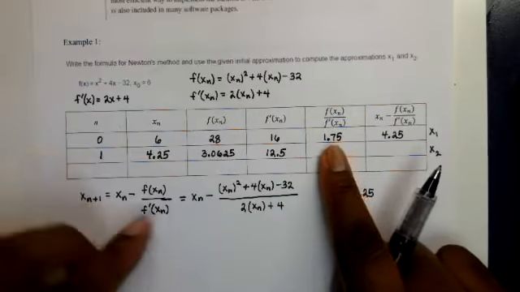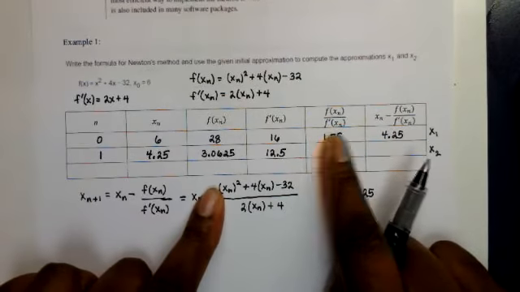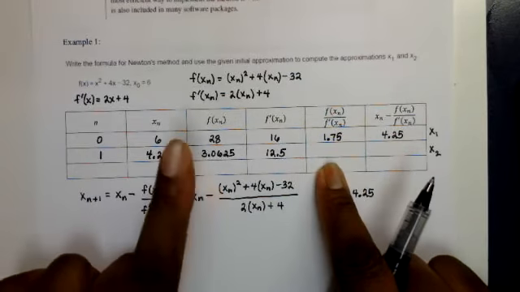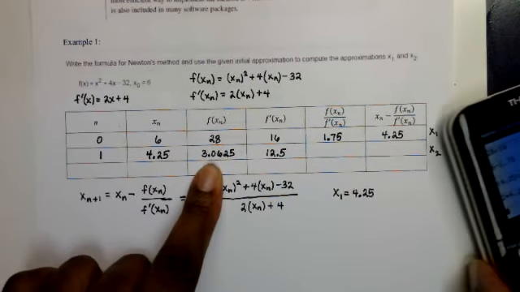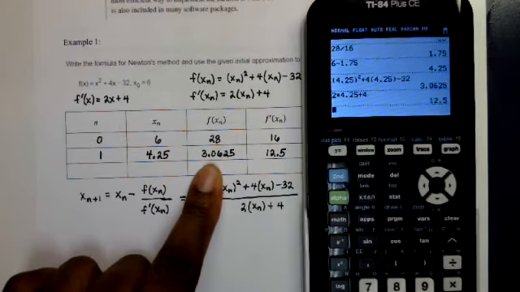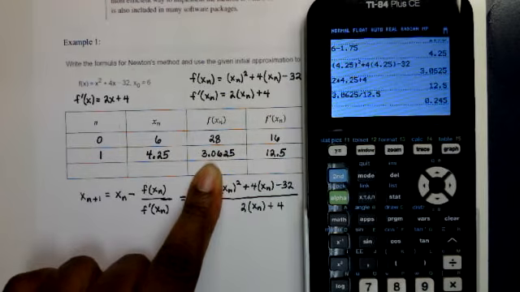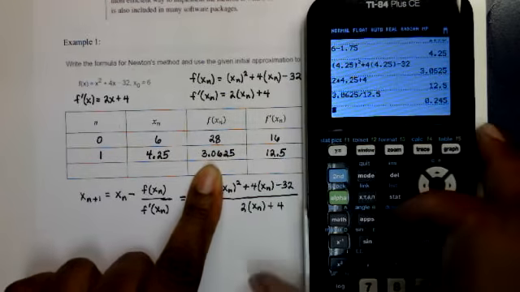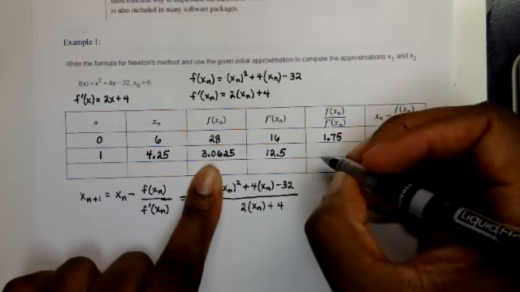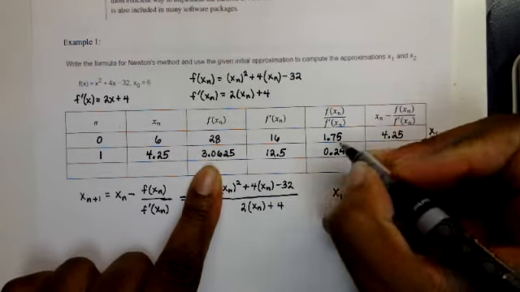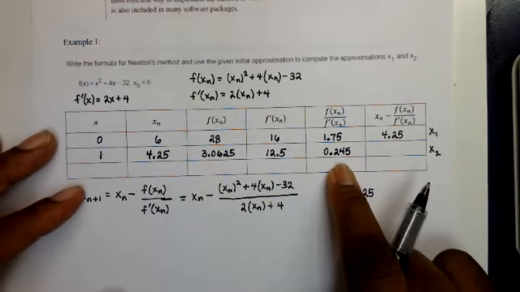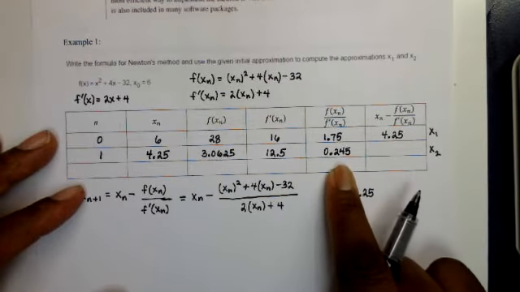And then I'm going to take f of x sub n divided by f prime of x sub n to get this value. That's this number divided by this number. So if I do 3.0625 and divide that by 12.5, I end up with 0.245. So that means 0.245 is what f of x sub n divided by f prime of x sub n will be.